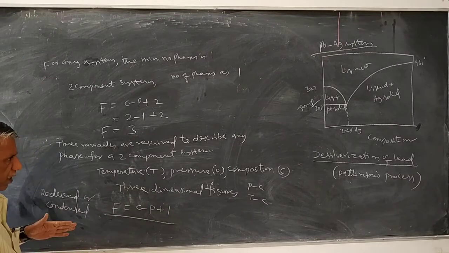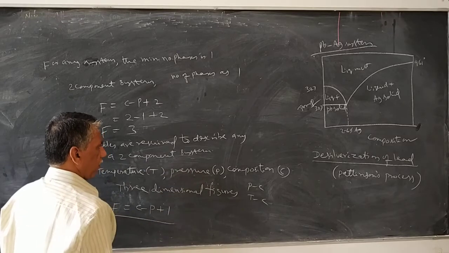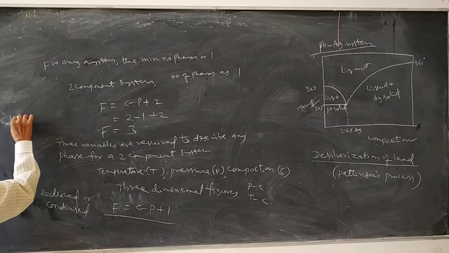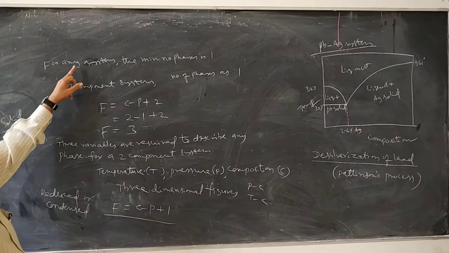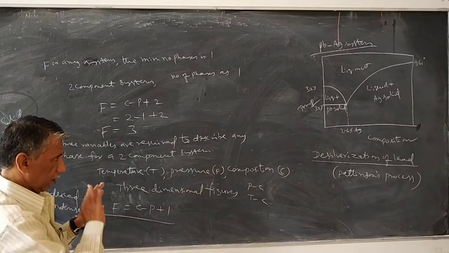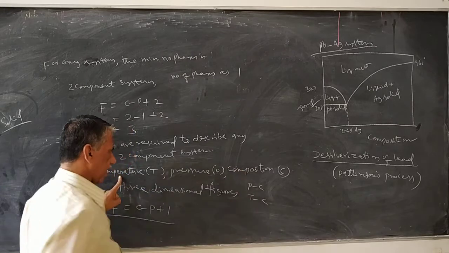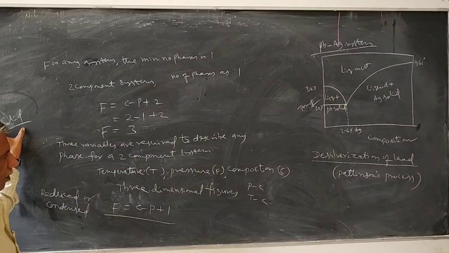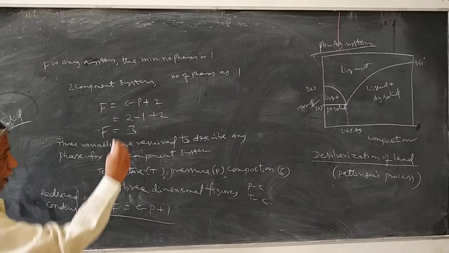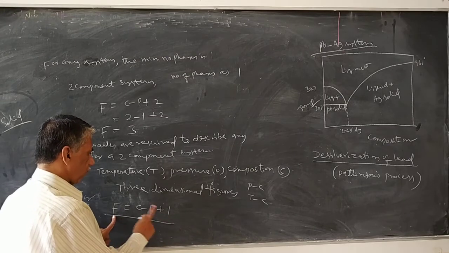Okay, pressure is kept constant for the solid two component systems. For the solid two component systems, usually the pressure is kept constant, and we will discuss only the TC diagrams for the solid two component systems. And whenever we describe this, let us use only the reduced phase rule equation.